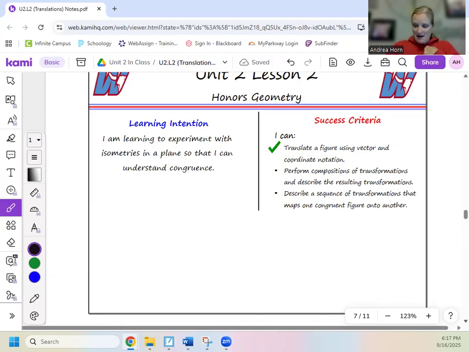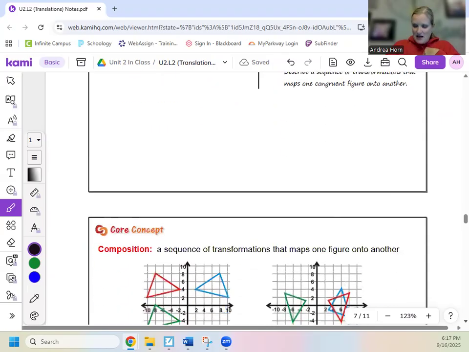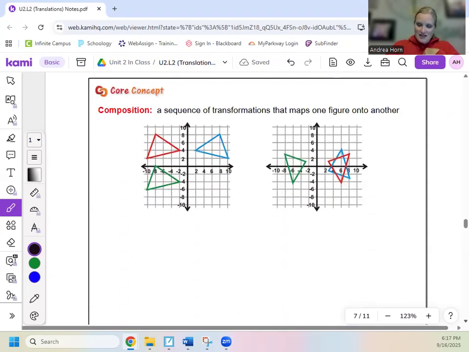Okay, last thing to talk about is compositions. A composition is a sequence of transformations that maps one figure onto another.